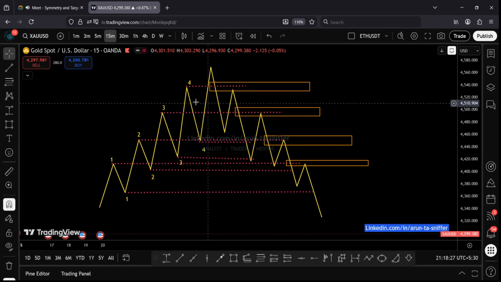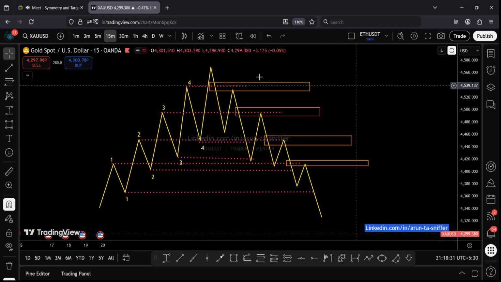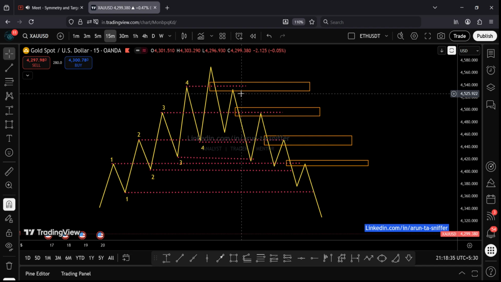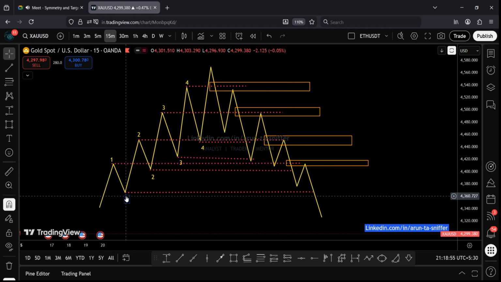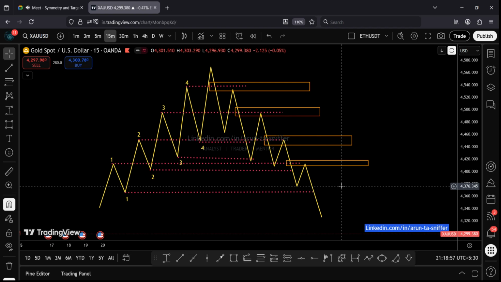Okay, so now you can see this much more clearly: hitting the LSK of 4, coming down to the low of 4, hitting the LSK of 3, coming down to the low of 3, hitting the LSK of 2, coming down to the low of 2, hitting the LSK of 1, coming down to the low of 1.